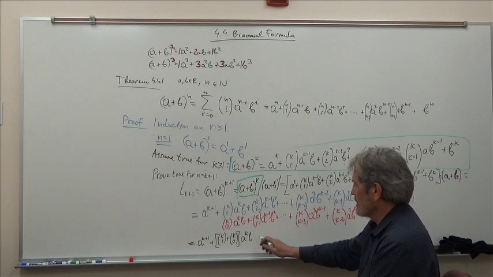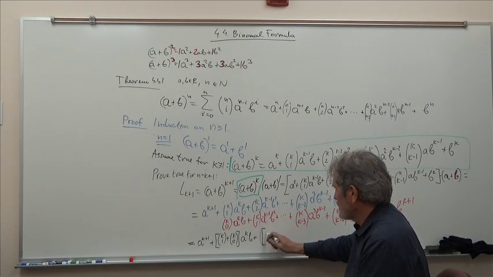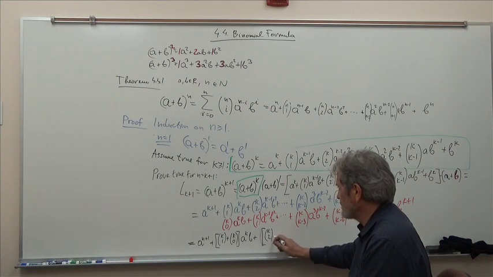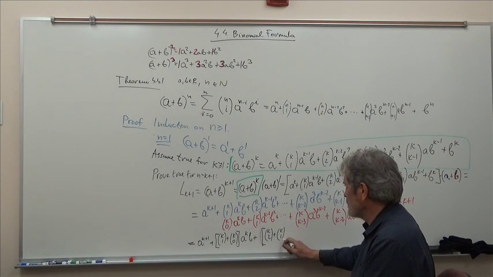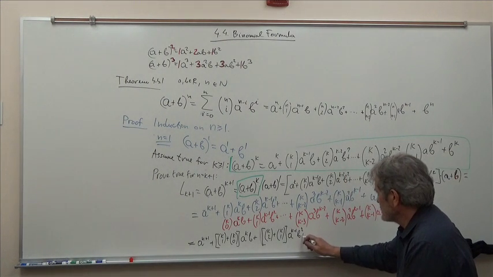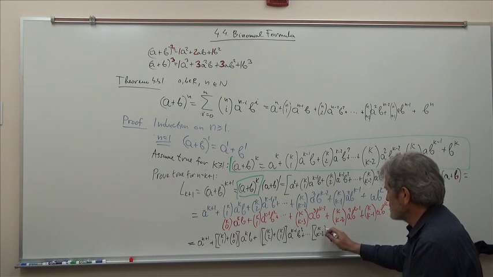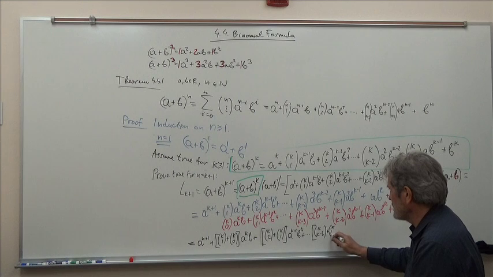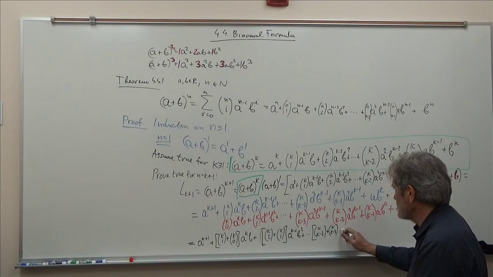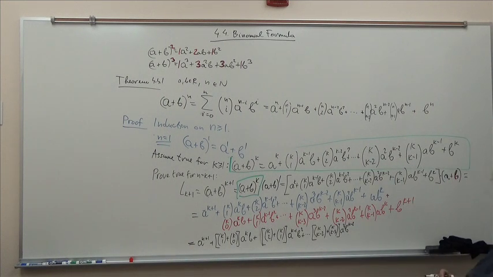Those two together. Plus k choose 2 plus k choose 1, a to the k minus 1 b squared, plus k minus 2 plus k minus 3, a cubed b to the k minus 2.